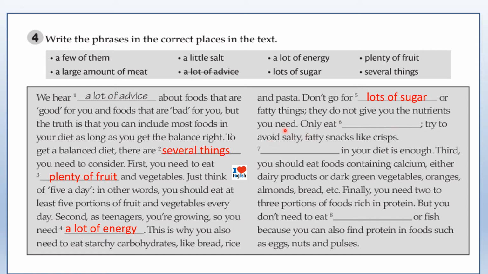Okay, if I will not go for lots of sugar or fatty things, what should I eat? Only eat a few. Avoid salty, fatty snacks like crisps. Again, avoid salty, fatty snacks like crisps. Okay, I am going to avoid them. Only eat what?